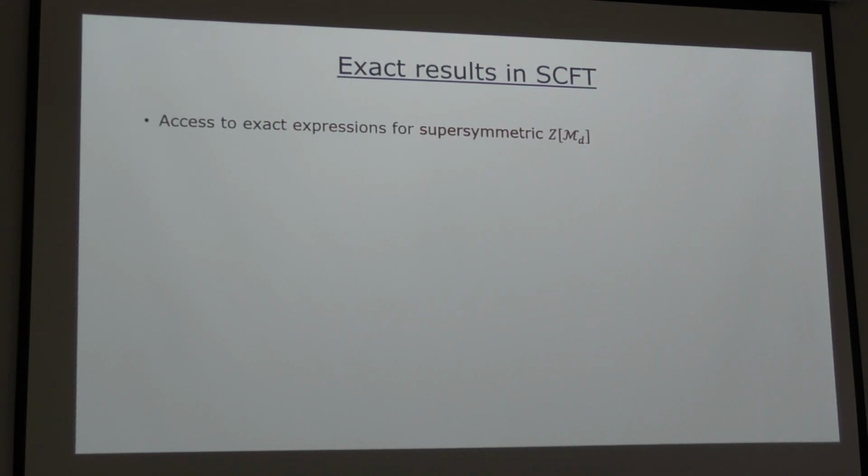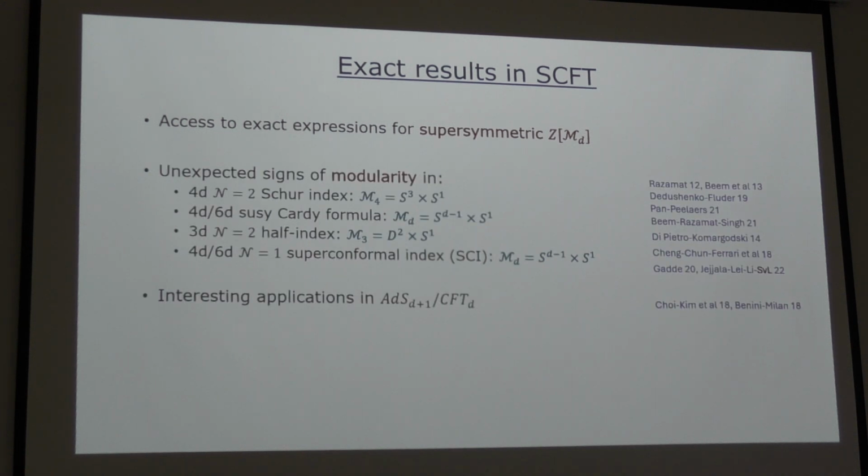All right. Okay, so this is sort of the general background. Now, in superconformal field theories, over the past 2 decades or so, one actually has access to exact expressions for supersymmetric partition functions on a variety of geometric backgrounds. In this case, we have the expression, and we can just inspect it to see what kind of properties it has.